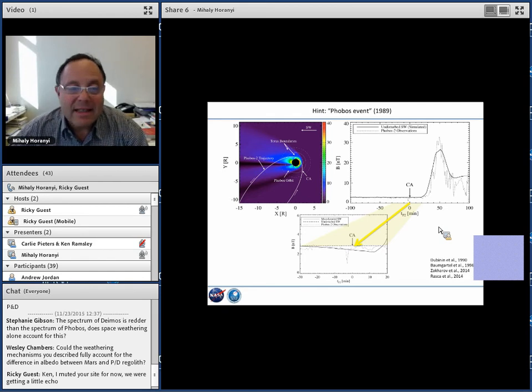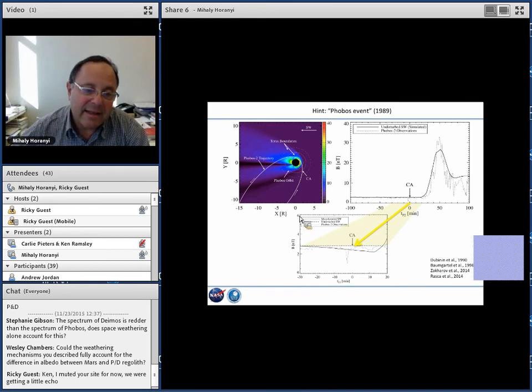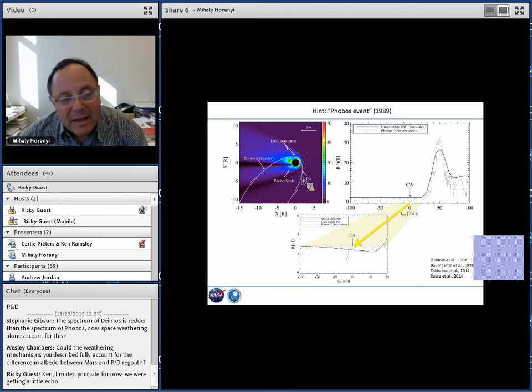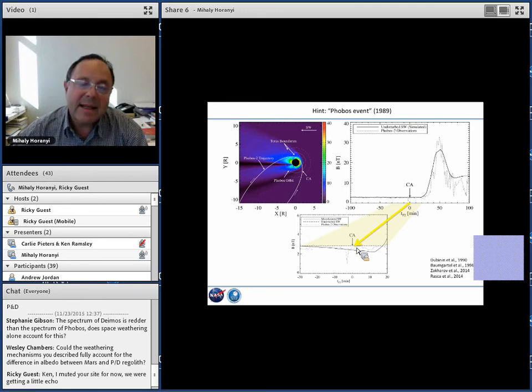This is a Russian spacecraft, Phobos 2, that couldn't quite complete the mission, but the first time it flew through the orbit of Phobos, during the closest approach, there is a little hiccup, a little drop in the magnetometer data, which people interpreted as a signature of the dust torus that is generated from Phobos.